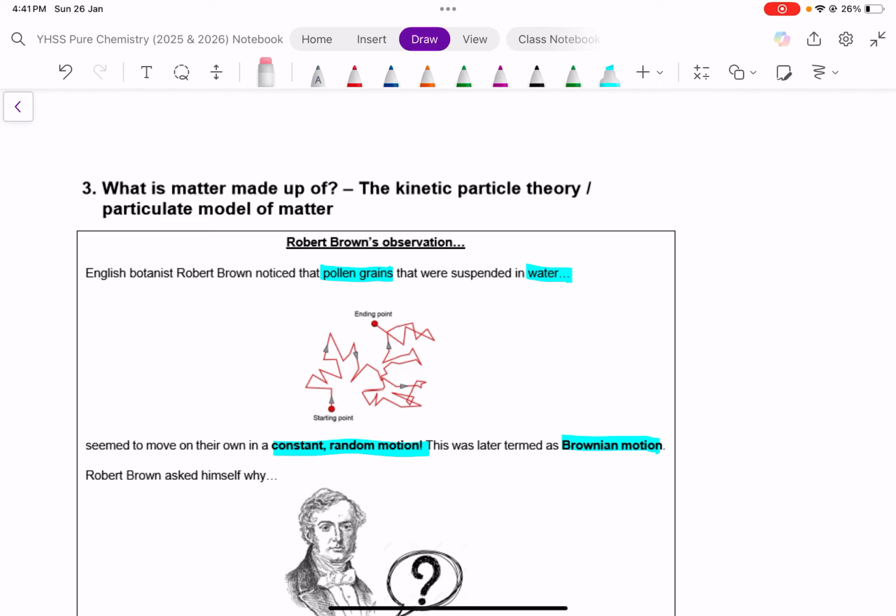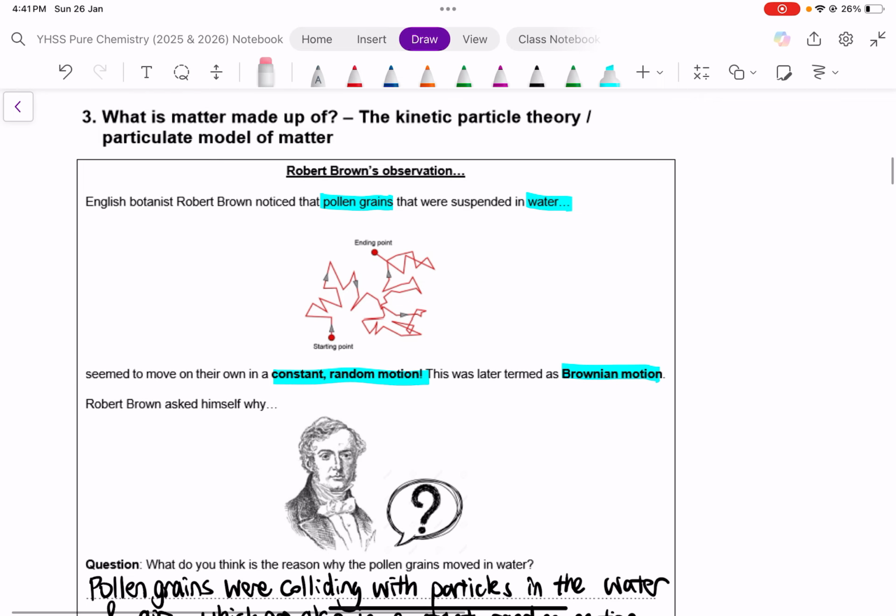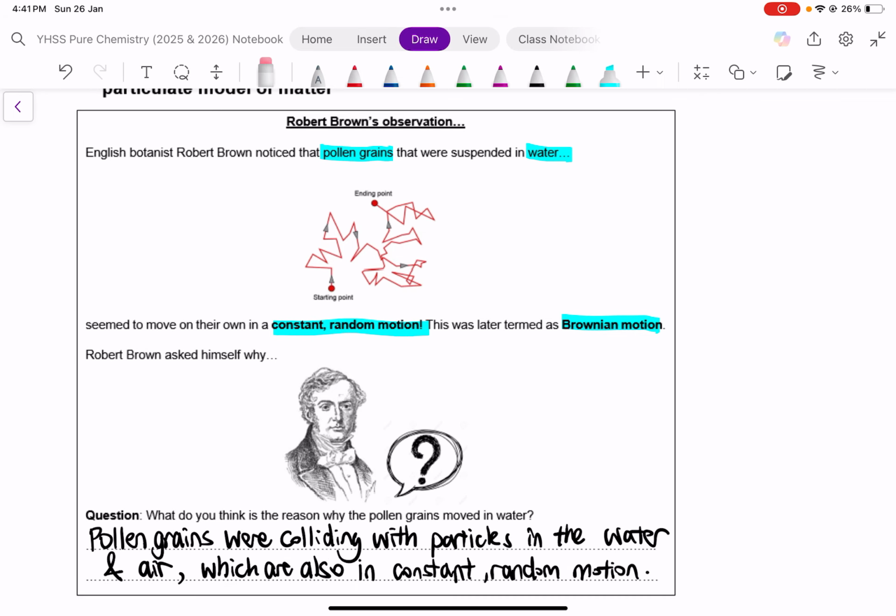So, Robert Brown was curious and asked himself why. Why will the pollen grains move on their own in this constant random manner? And of course, the idea is the pollen grains were able to move because they were colliding constantly with the particles in the water as well as the air above the water.